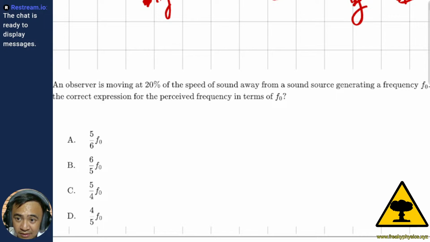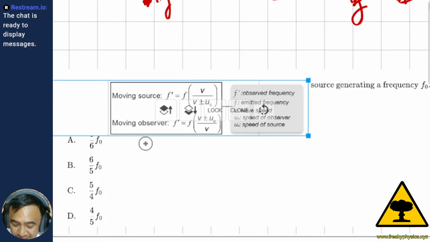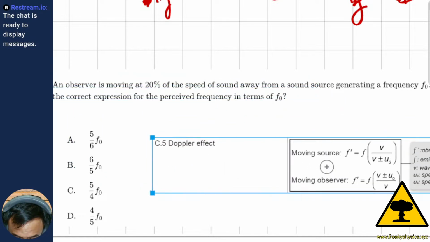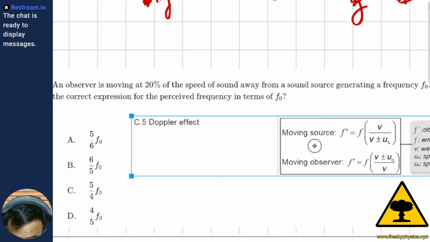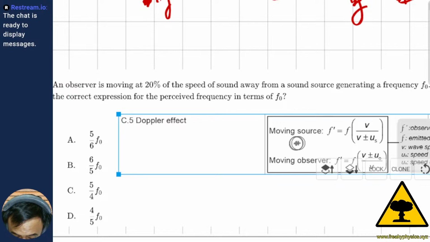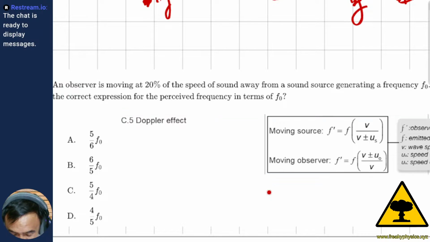I'm going to put here an annotated version first. This is the formula. Just so we know, for the previous syllabus from 2016 to last year, there was no distinction between the moving source and the moving observer.